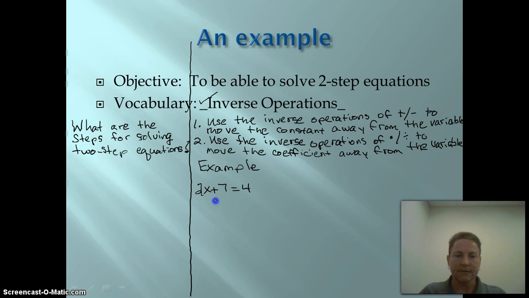Here's a constant. We're going to move 7 away from the variable. That would give me 2x equals -3. Then I'm going to move this number, the coefficient, away from the variable by dividing. So my answer is x equals -3/2.